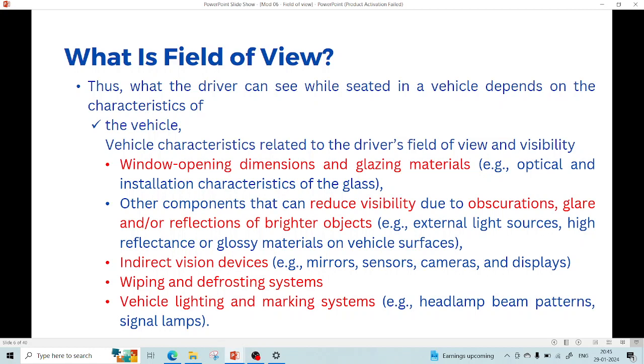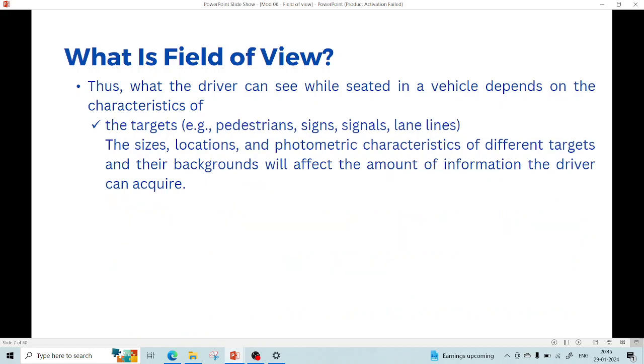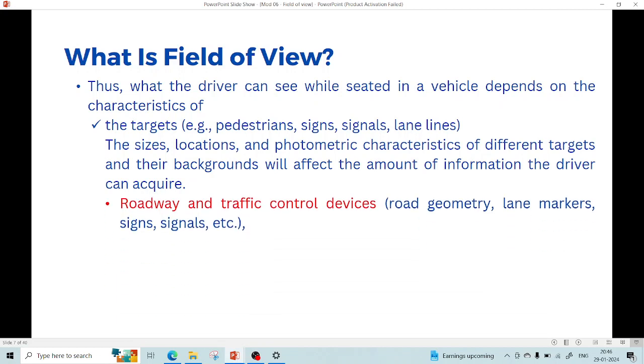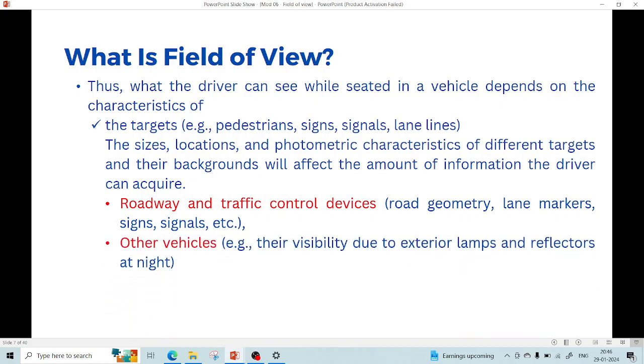So the first was about the driver, the second was about the vehicle, and the third one is about the targets: the size, location, and characteristics of different targets, and their backgrounds. Targets will be classified in terms of roadways or traffic control devices, that is road geometry, lane markers, signs, signals, etc. Other vehicles will also be categorized under targets, that is their visibility due to exterior lamps and reflectors at night.